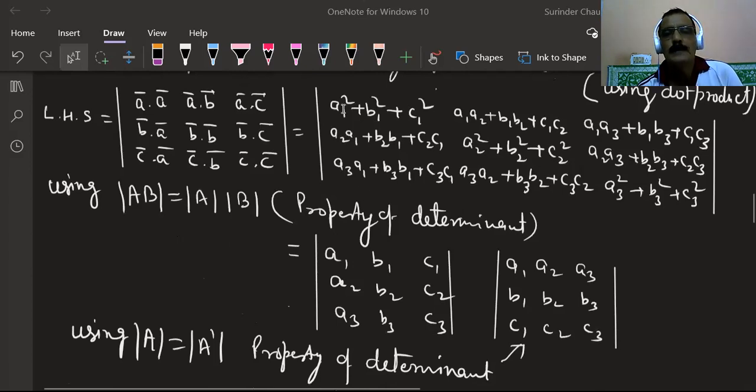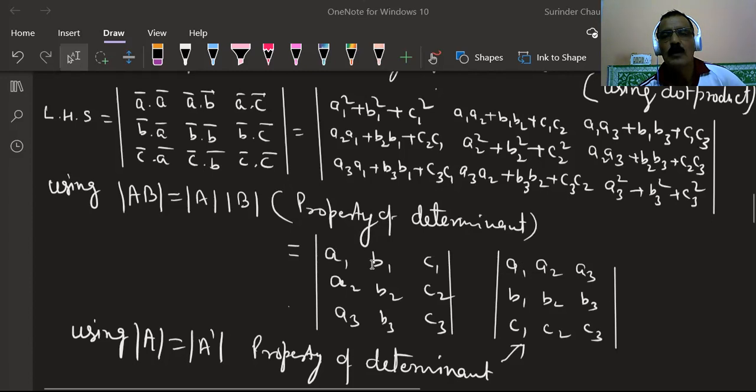First is a row to column operation. The first element of the first matrix is A1, B1, C1, and the first column of the second matrix will be A1, B1, C1. Similarly, A1, 2 is from R1, C2.